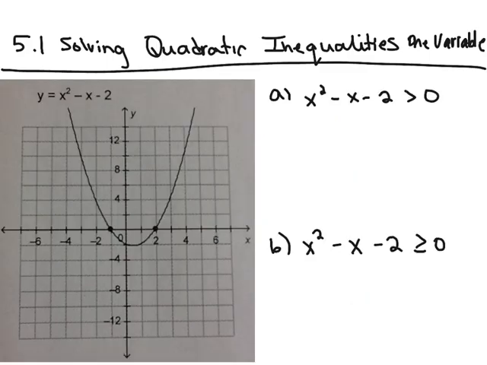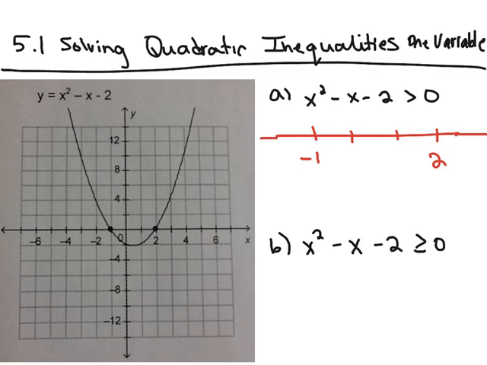For example 1, use the given graph to write the solution for each quadratic inequality. Represent the solution on a number line. So we know our critical values are -1 and +2. So first, let's make a number line. So we have -1, 0, 1, +2.